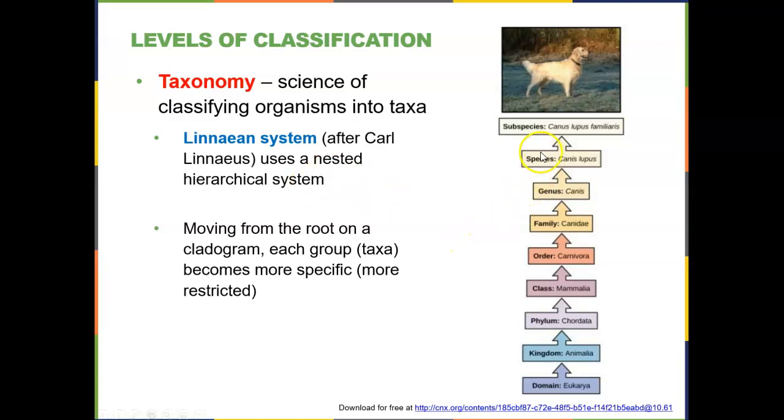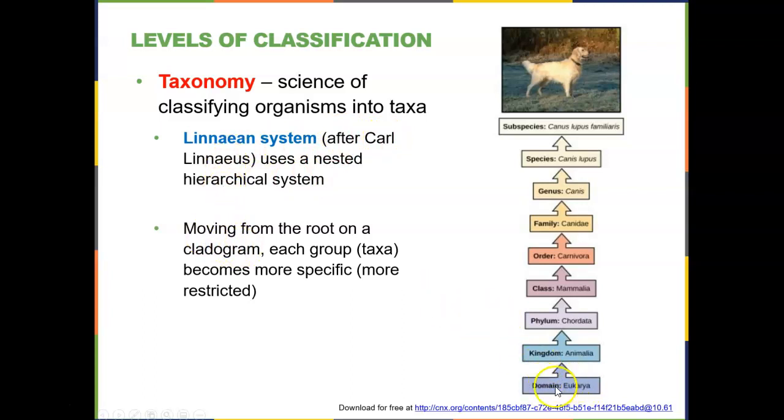The most specific group is called the species, and we can possibly even divide that further into a subspecies. The science of organizing individuals or groups into these taxa is called taxonomy. So creating the taxa, and the naming system for what these groups are called, came from Carl Linnaeus.